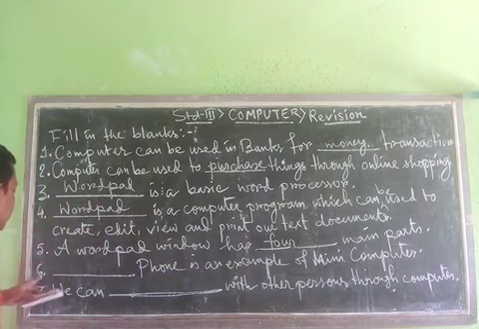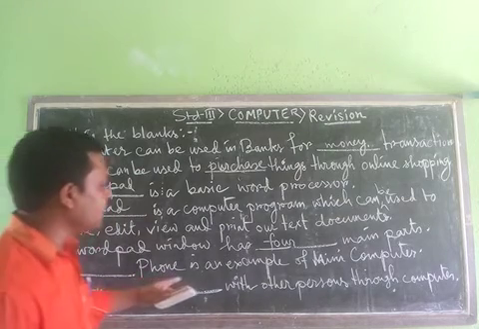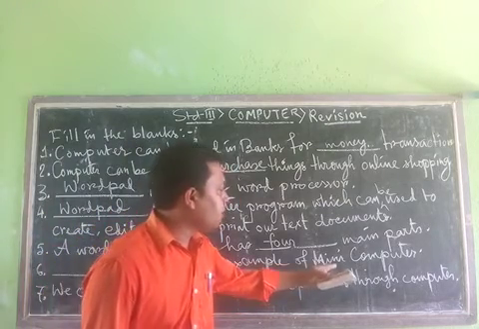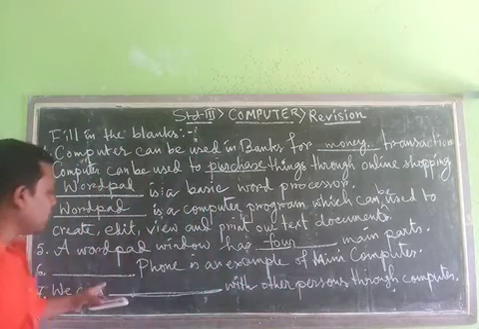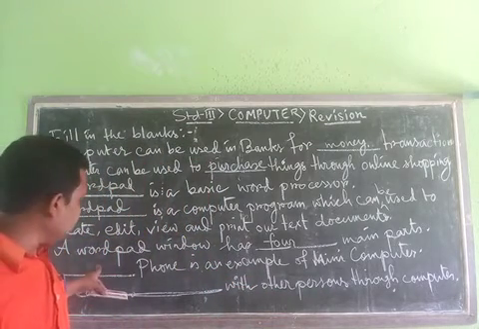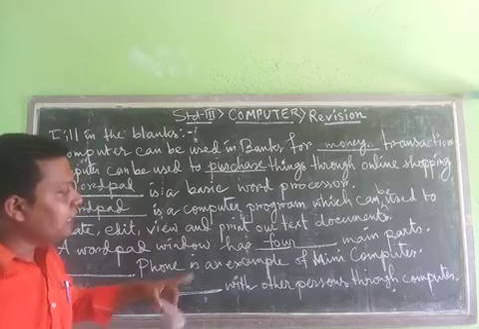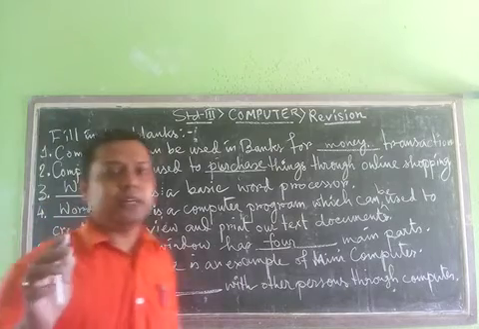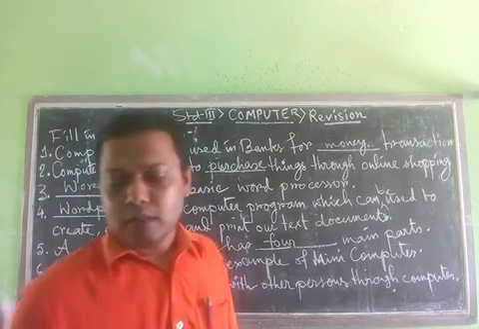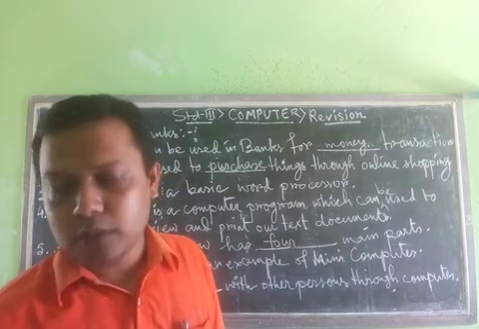Okay, now question number 6. Dash phone is an example of mini computer. Dash phone, we can say that can be telephone or mobile phone. But mini computer means a computer has 4 main parts: mouse, monitor, keyboard and CPU.